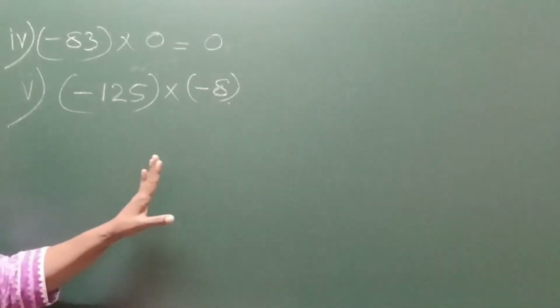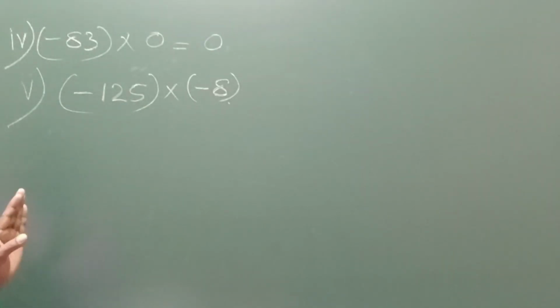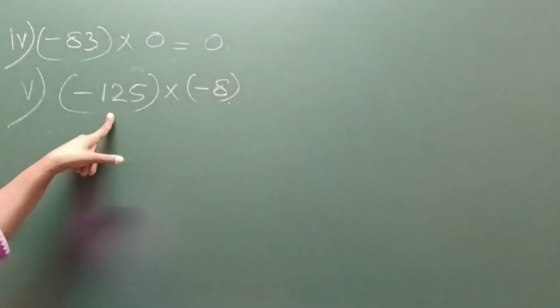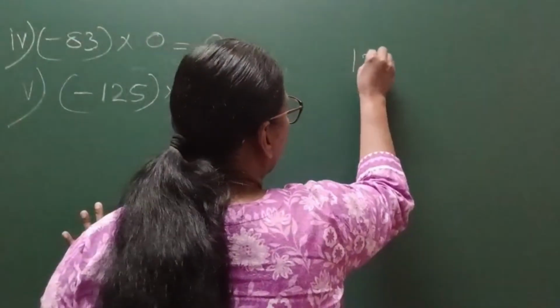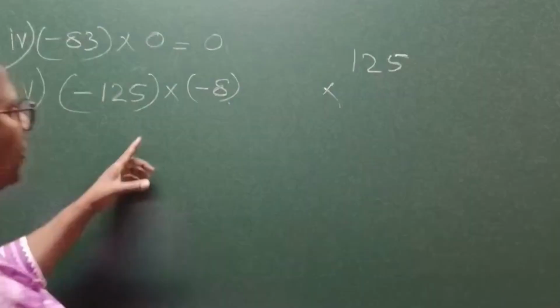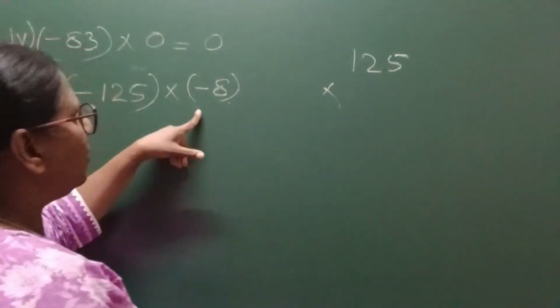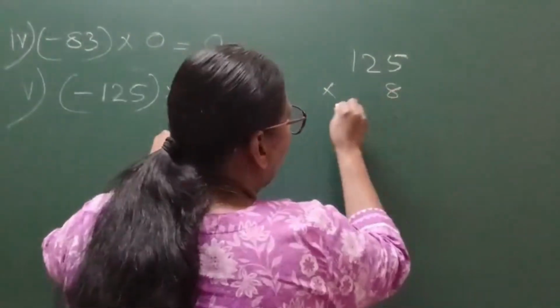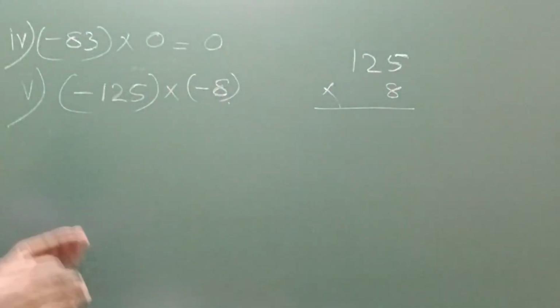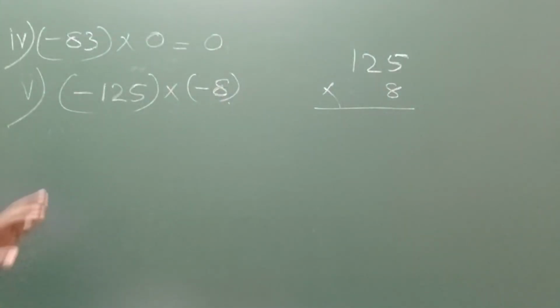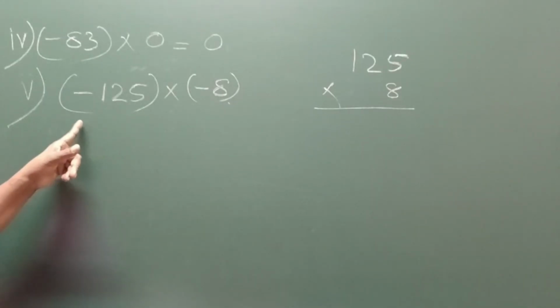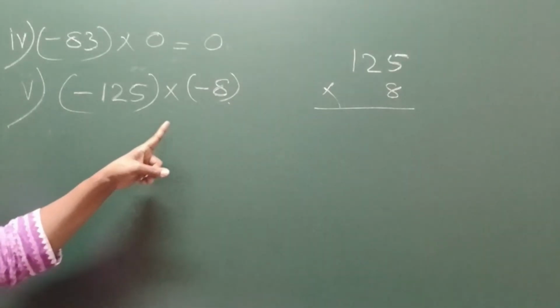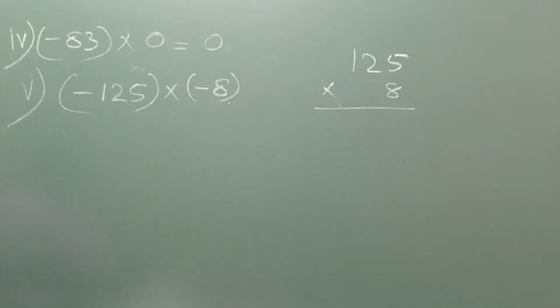Our answer will be a positive integer. First find the absolute value, without sign. So 125 into 8. After finding the product, since both integers are negative, the rule is minus into minus is equal to plus, so our product will be positive.